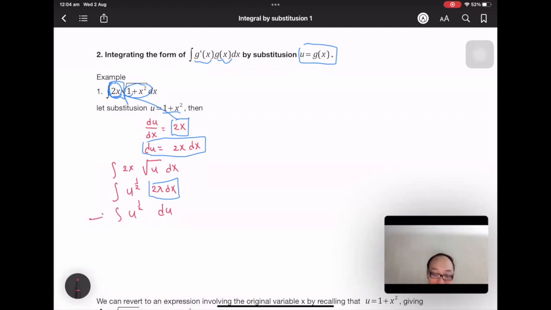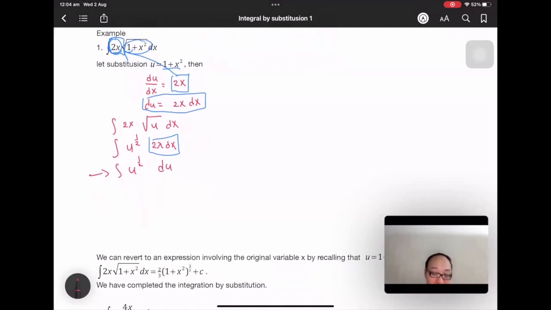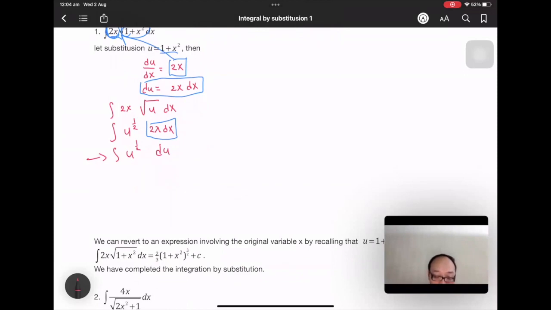So this is the power rule. So we can just integrate it using the power rule. So u to the power of 3 over 2, times 1 over 3 over 2, plus c. So it's 2 over 3 u to the 3 over 2, and then we return u, 2 over 3 u to the 3 over 2 plus c.